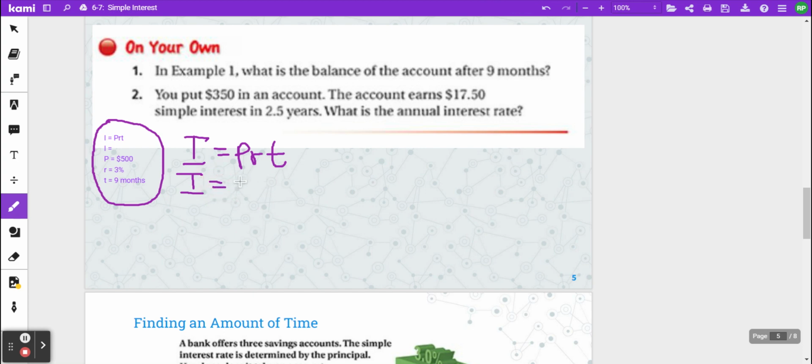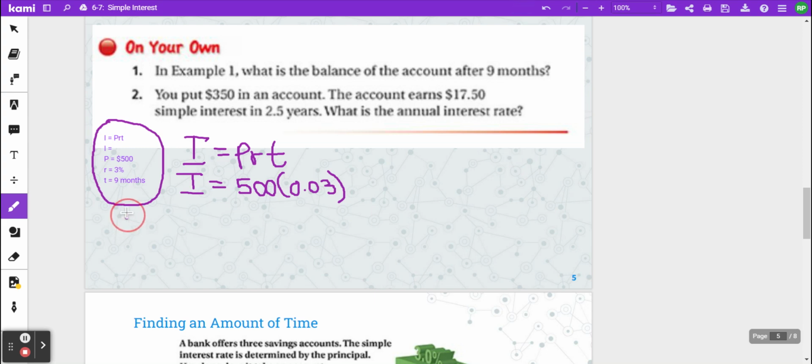So the principal is 500. The rate is 3%, which we will write as a decimal, 0.03. And now, though, the time is 9 months. 9 months has to be converted to the time in years.